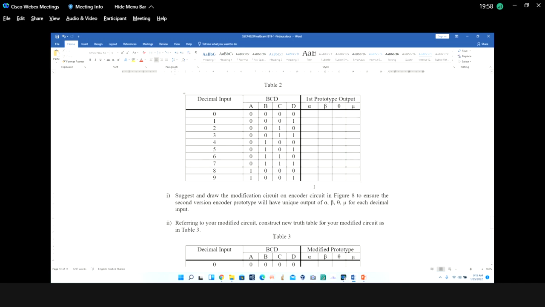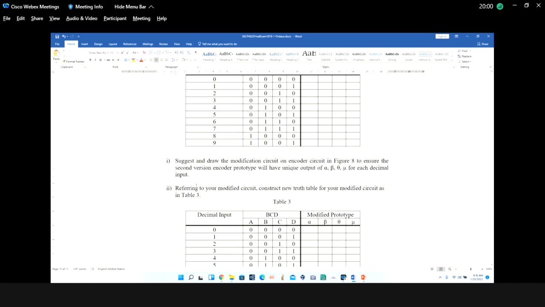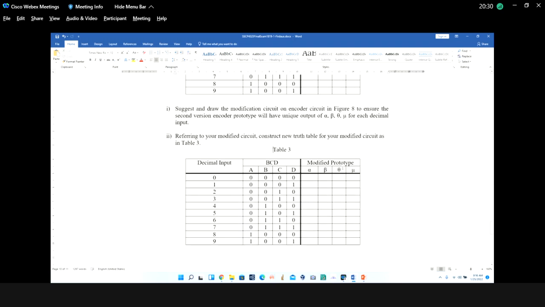Exercise for you, and then try to make a suggestion on what modification is needed in order to get unique output, to get a better version of the encoder. That means each particular decimal will produce a unique alpha, beta, theta, mu combination. Okay, and then from that, try to put in the values here.